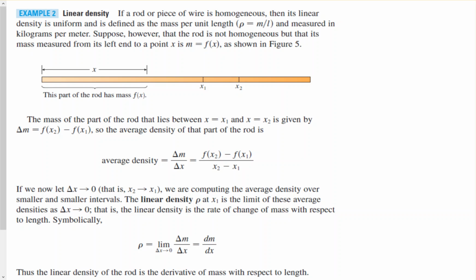Okay, let's take a look at another example. Linear density. If a rod or piece of wire is homogeneous, then its linear density is uniform and defined by the mass per unit length. So we have a formula: linear density is rho equals mass divided by length, measured in kilograms per meter.